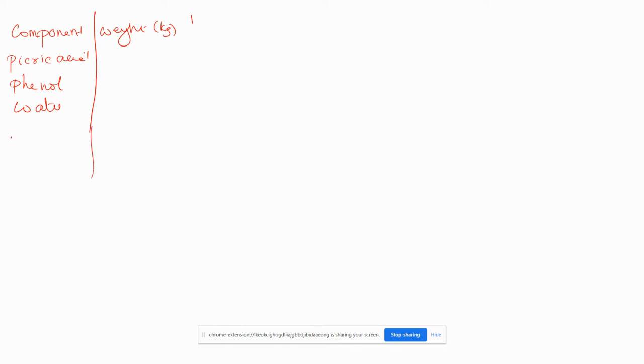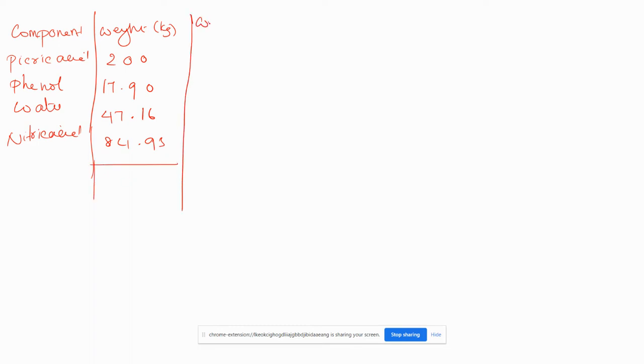And one more unreacted reactant is nitric acid. So the quantities are already found, that is 200, 17.90, 47.16, and then 84.93.